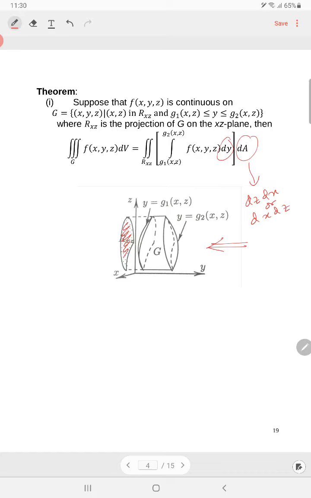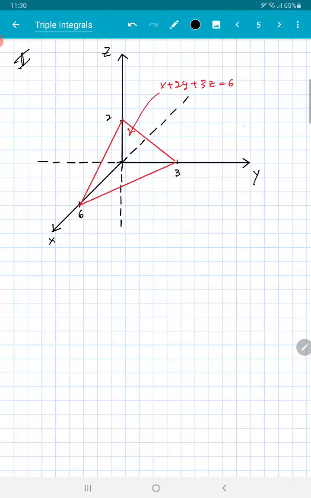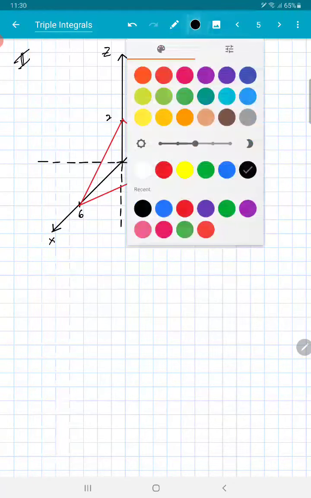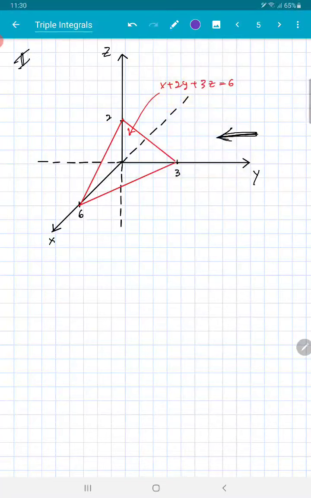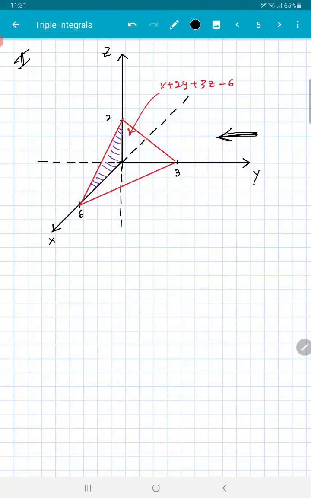So let's go back to our problem here. Now we're saying that we're projecting, like putting a torchlight on the right hand side. When we do that, the solid will project onto the xz plane, which forms a triangle. Now I'm going to sketch the triangle in 2D.